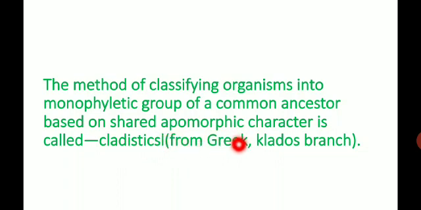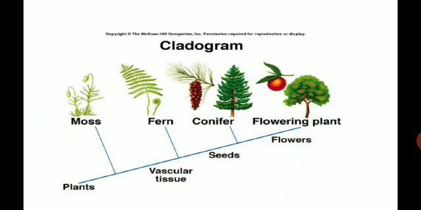From the Greek word clad, referring to a branch. The outcome of a cladistic analysis is called a cladogram, a tree-shaped diagram. The tree-shaped diagram is called a cladogram.